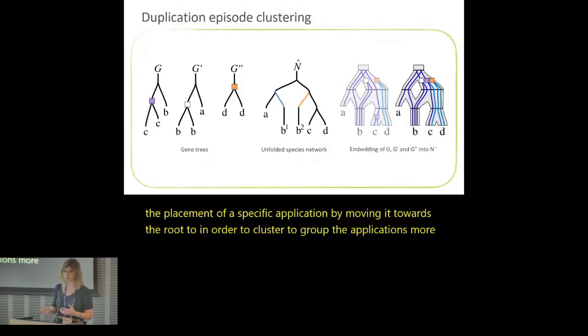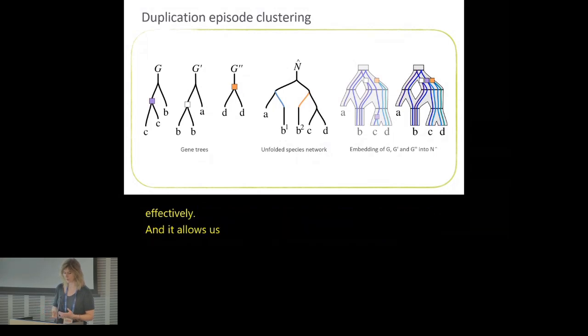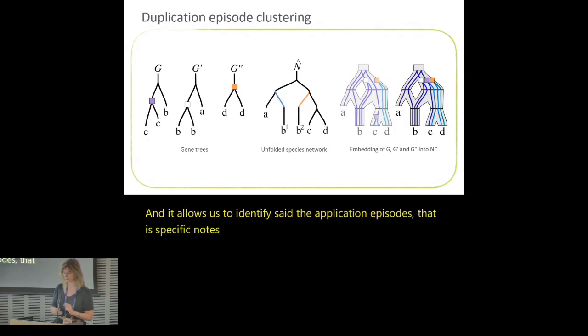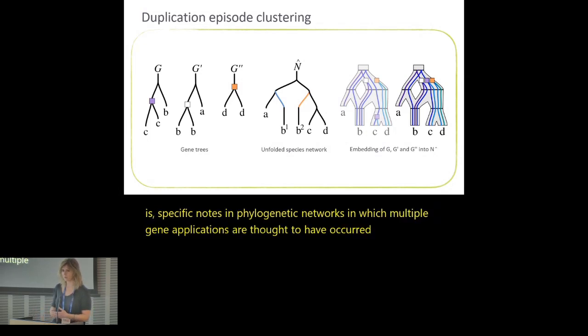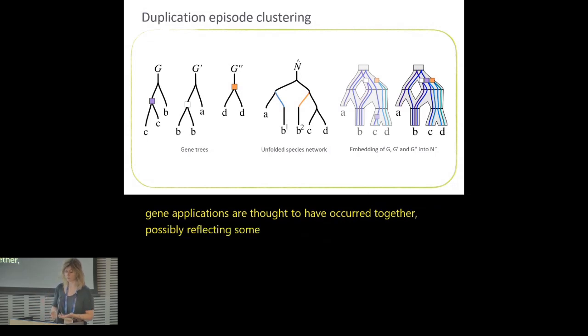It allows us to identify duplication episodes, that is, specific nodes in phylogenetic networks in which multiple gene duplications are thought to have occurred together, possibly reflecting some larger event, for example, a whole genome duplication.